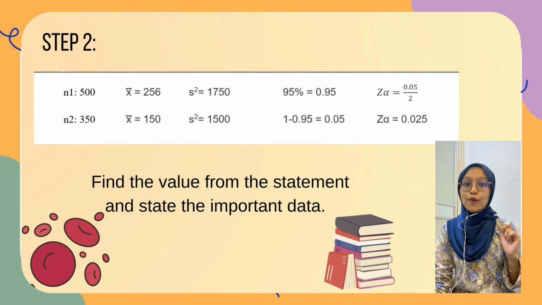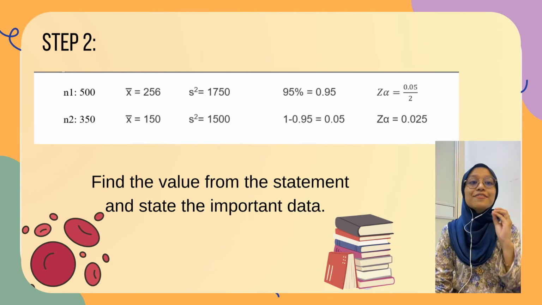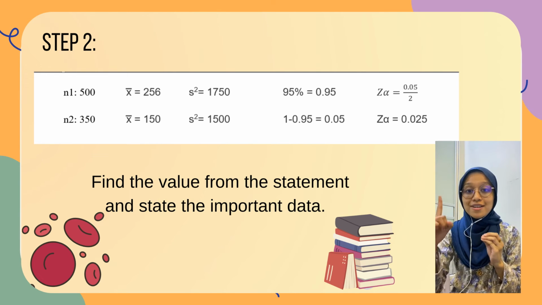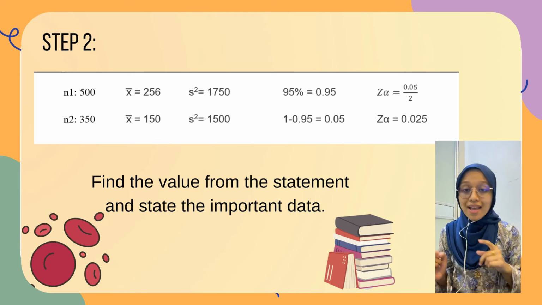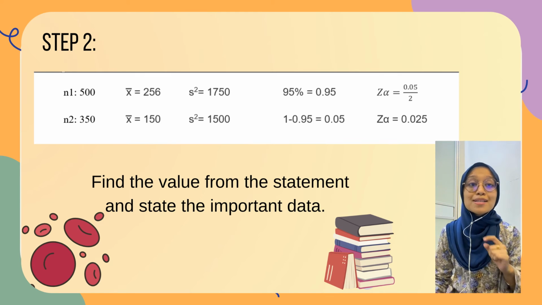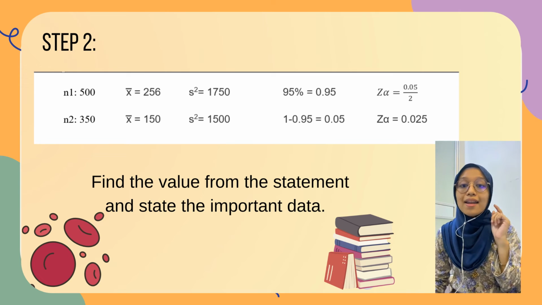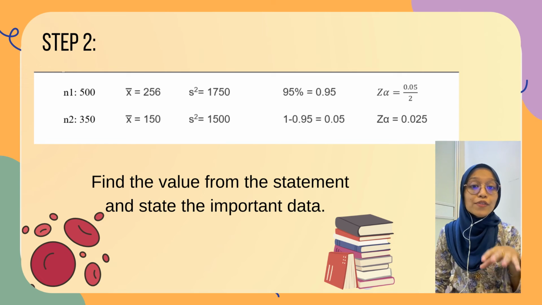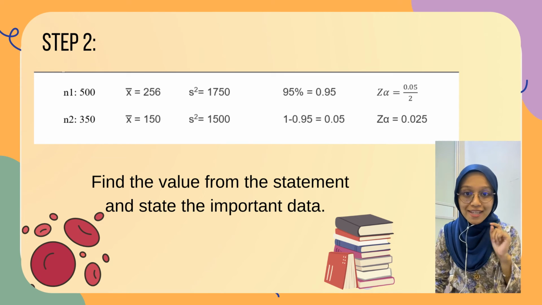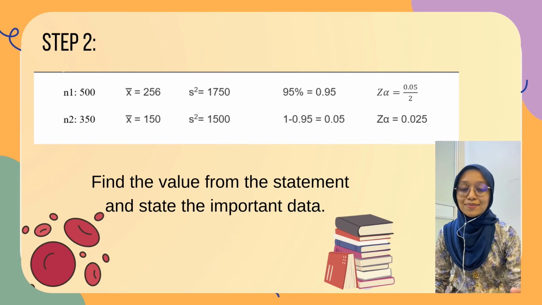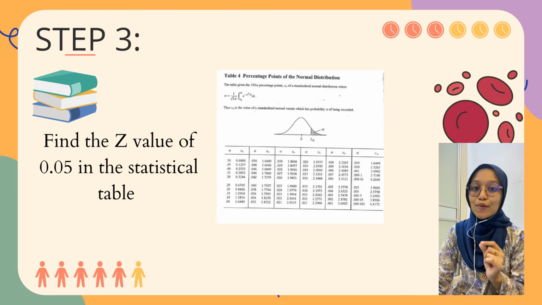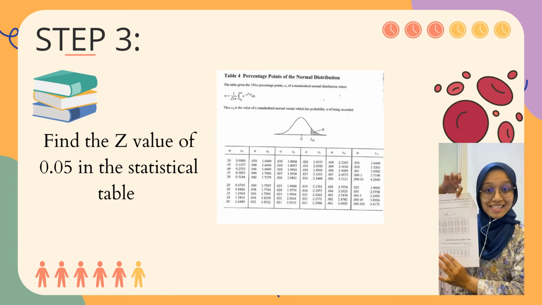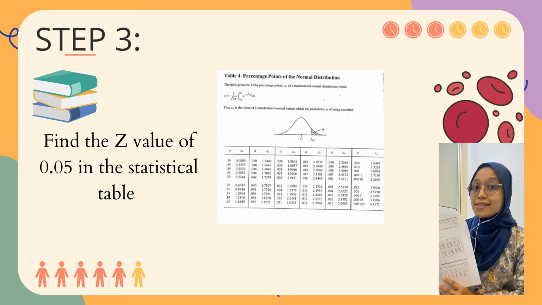For step 1, you need to find the value from the statement and state the important data, just like the first example. The x bar in this example is 256 and the x bar for the second is 115. So we move to the next step, which is the calculation for this example. For the next step, you also need to see the statistical table. Why do you need to see the statistical table?